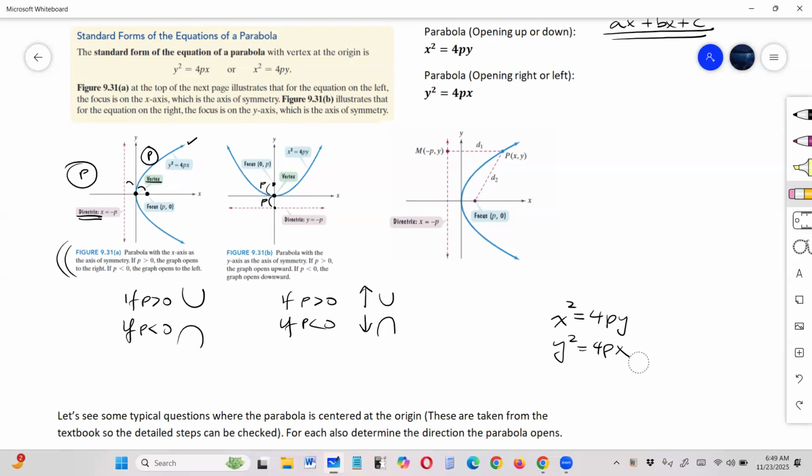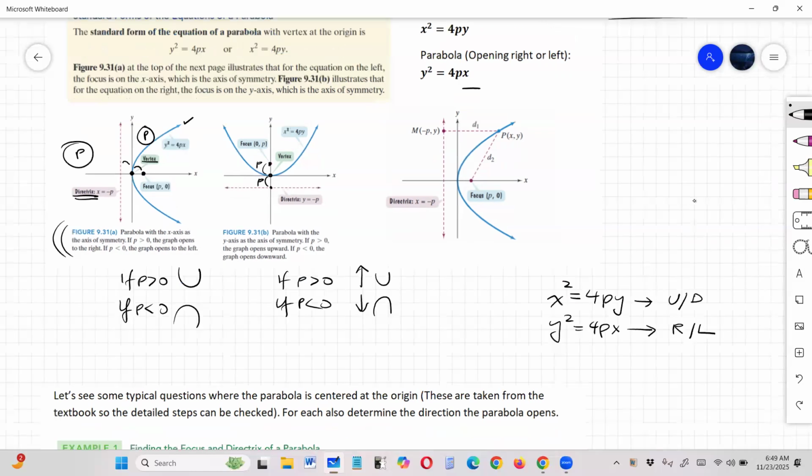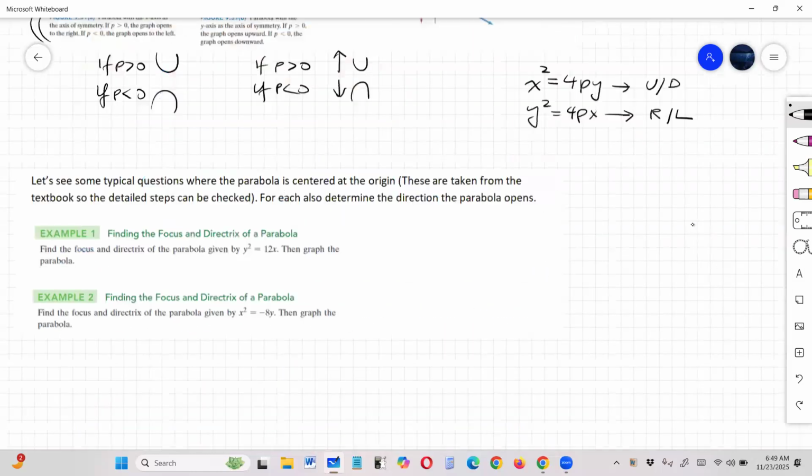This one opens right or left. This one, which you're somewhat accustomed to, you've seen it before, y equals x squared, is the one that opens up or down.